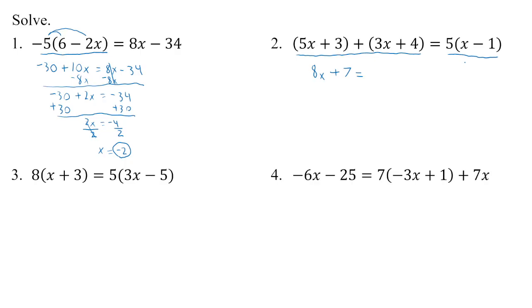We're going to apply the distributive property. 5 times x is 5x, and 5 times negative 1 is negative 5. So now the equation looks like one of the equations we discussed in part 3. So now we can either eliminate 5x or 8x. We're going to eliminate 5x. So we subtract 5x from this side and this side.